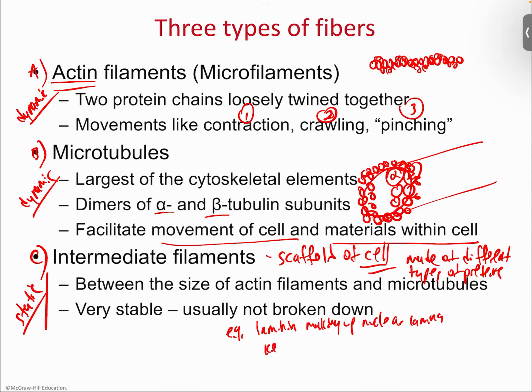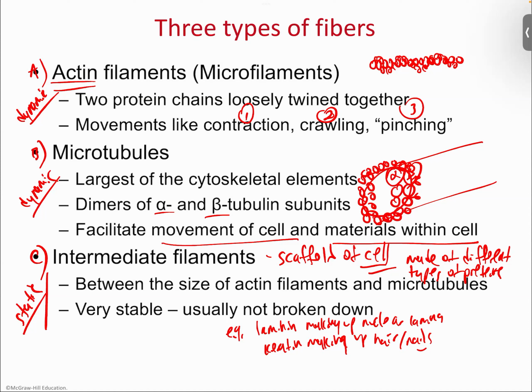But we also have keratin making up hair and nails. Notice different protein, same basic idea. You have some sort of structural protein, could be different things, and they basically make this long filamentous fiber that then becomes structural.